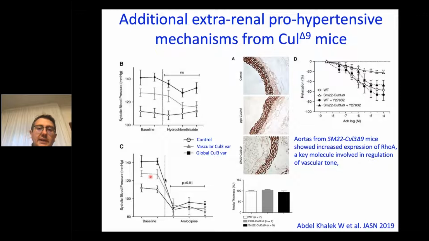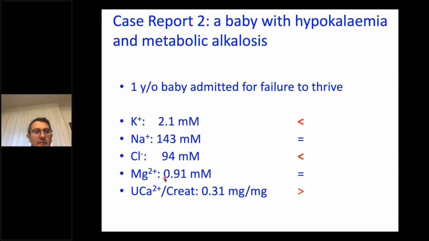So a reduced effect on vascular resistance can also be described in Cullin 3 FHH related mice.